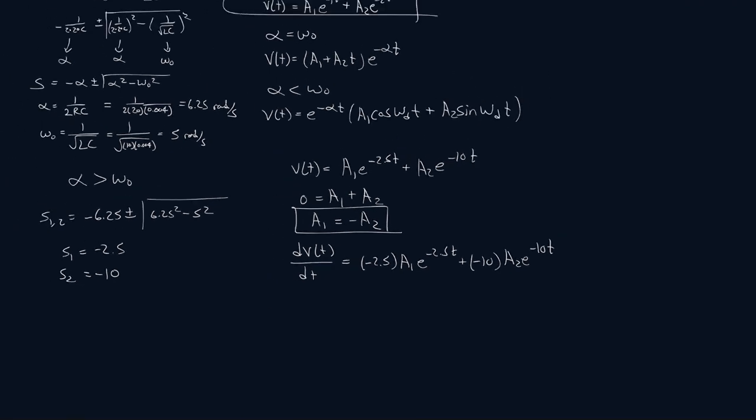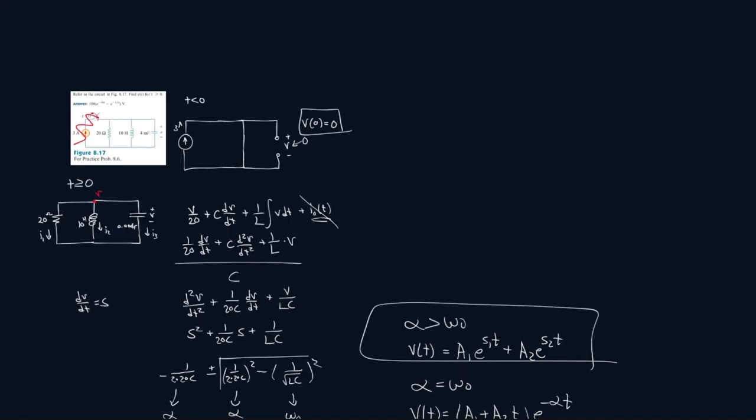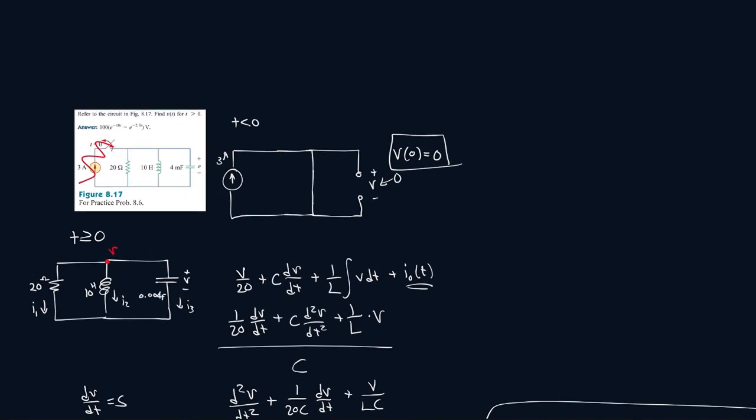Okay, so now we differentiated all of this. Now we have to find dv over dt at a specific instance. So let's see what we can do. We see if we view this when t was equal to 0, we know the voltage here is 0.